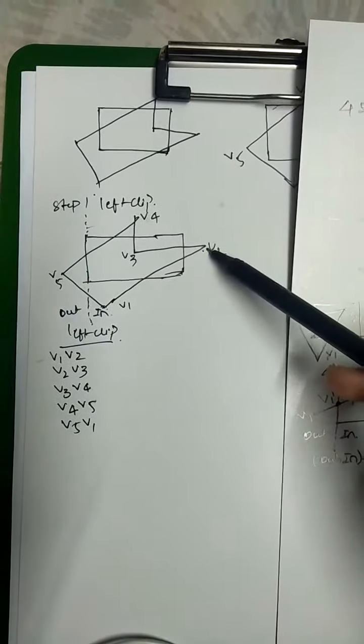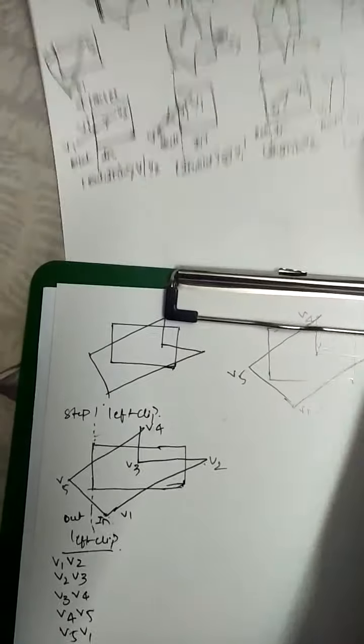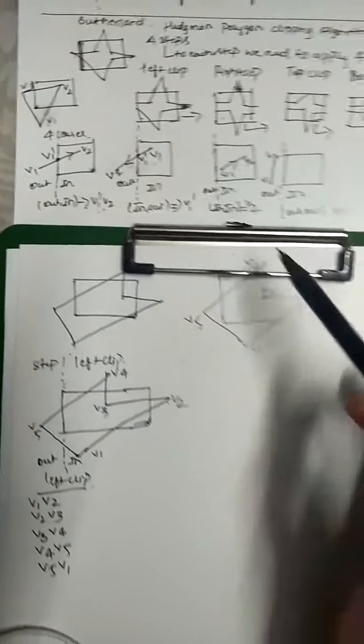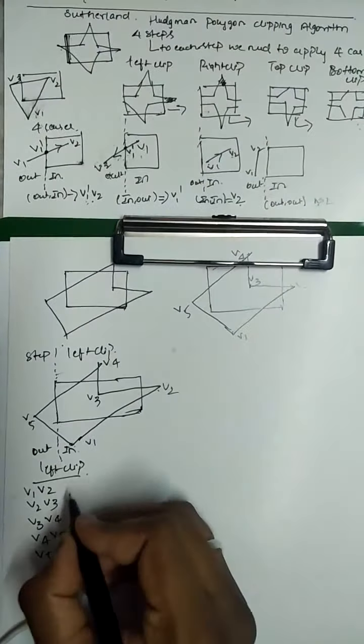So V1 to V2 is moving in the in region itself. If that is the case, if it is in to in, then I have to take the second vertex, that is V2.